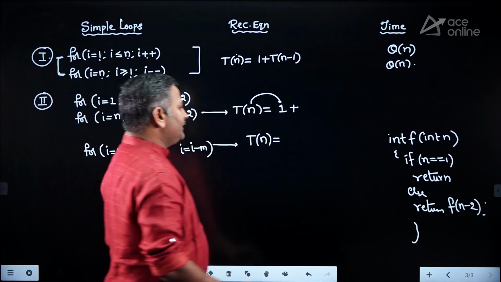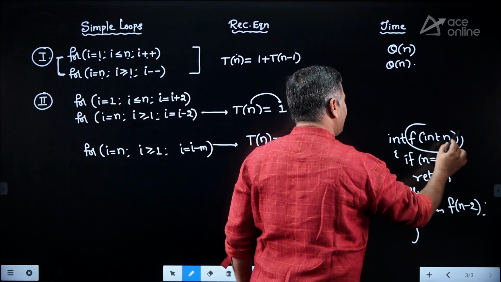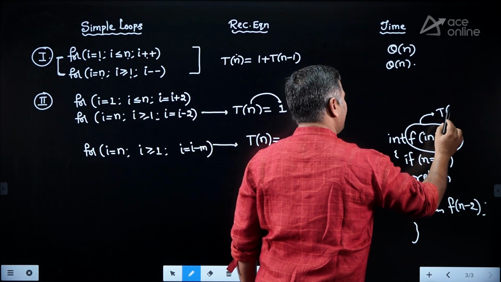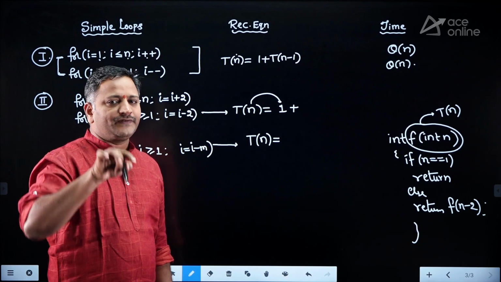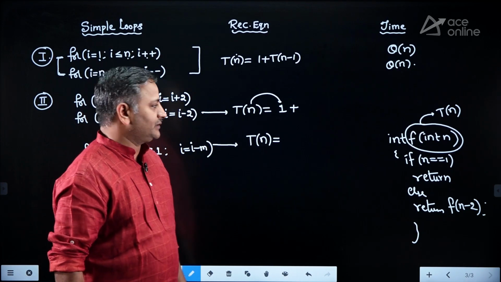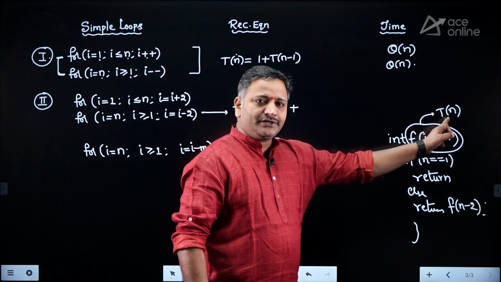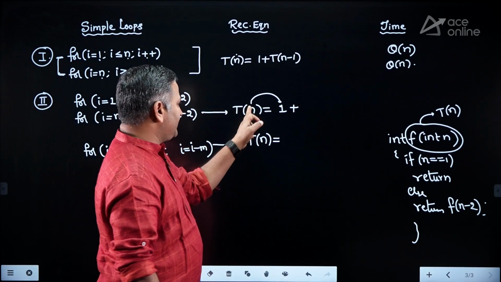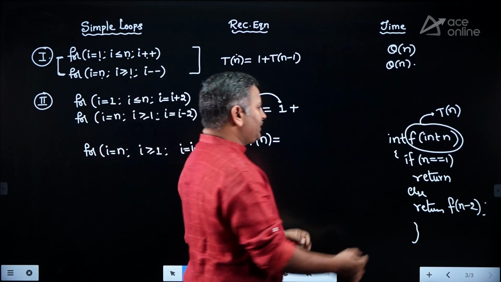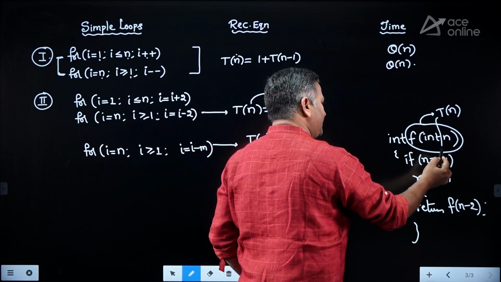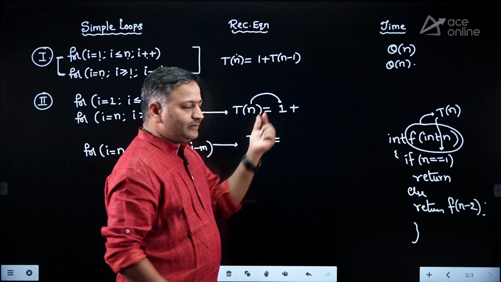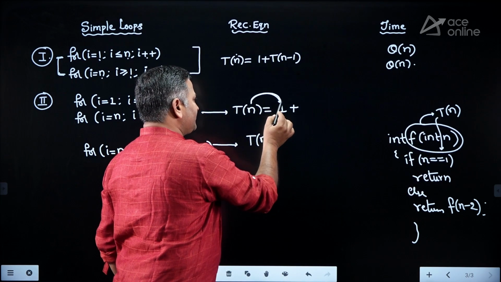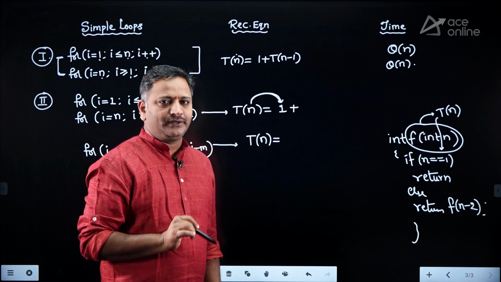In that case, the time required for computing f of n, I am taking it as T of n. You know, a recursive algorithm's time complexity is always bounded by the total number of function calls, right? Therefore, f of n takes how many function calls? T of n function calls, that is why I am taking T of n. With the input n, I am entering into the function body the first time, that is why I am counting it as one call.